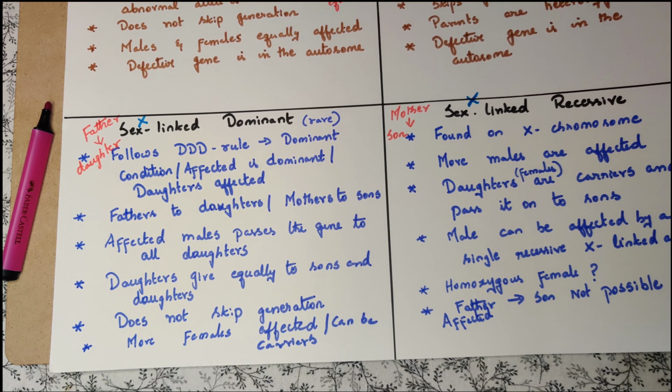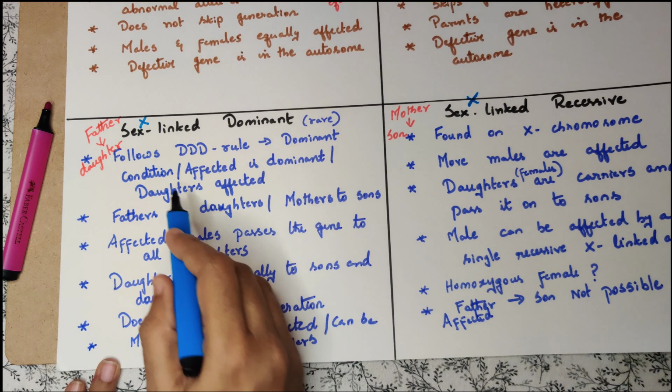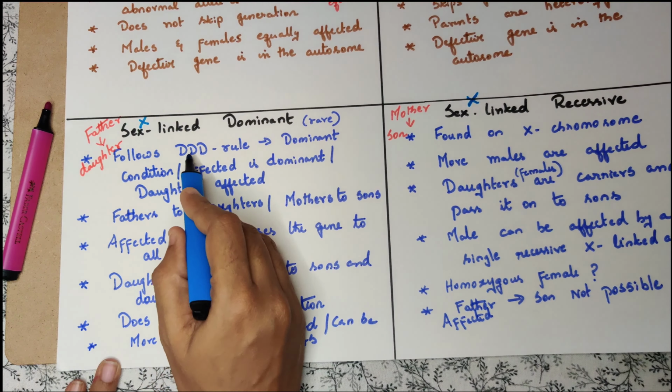Coming to the next one, it is X-linked dominant. X-linked dominant trait is kind of rare, where the father will be passing this type of inheritance pattern on to the daughters, father to daughter. And the most important clue that you should use for sex-linked dominant is it will follow this triple D rule.